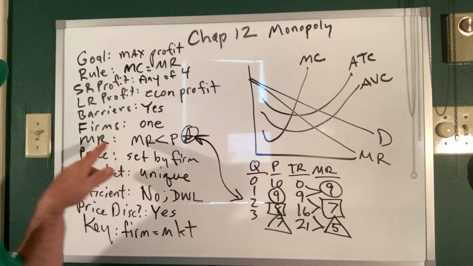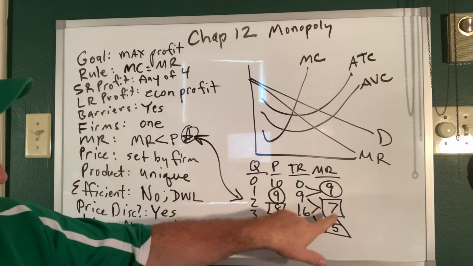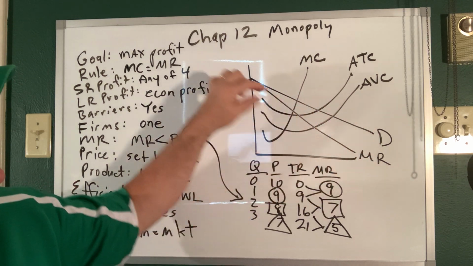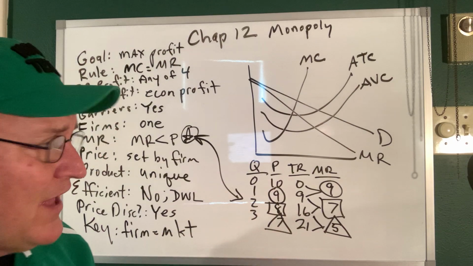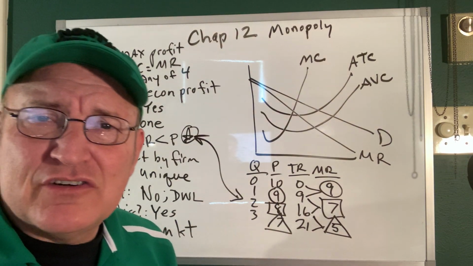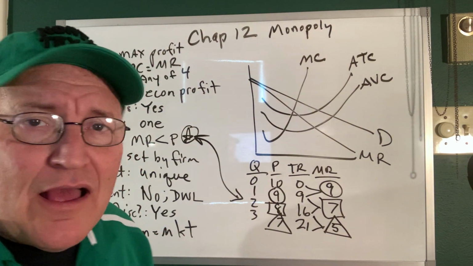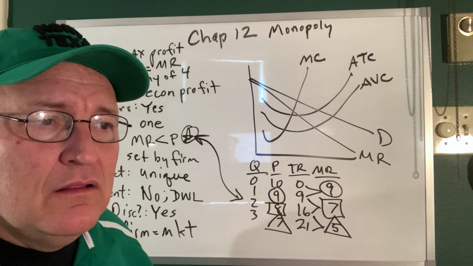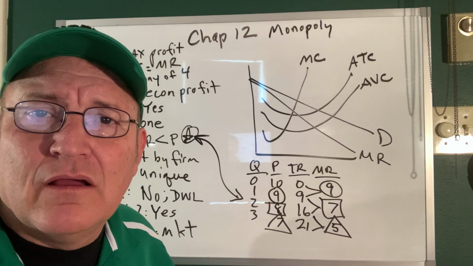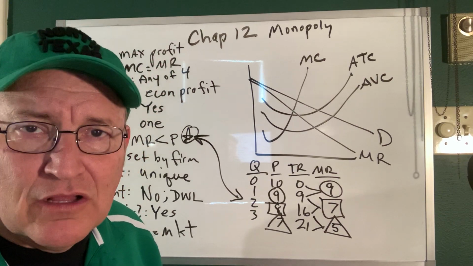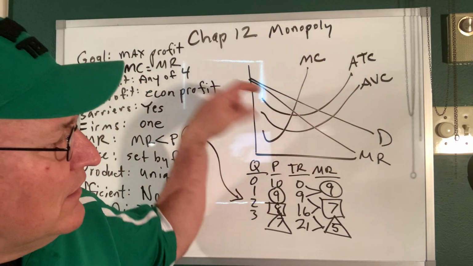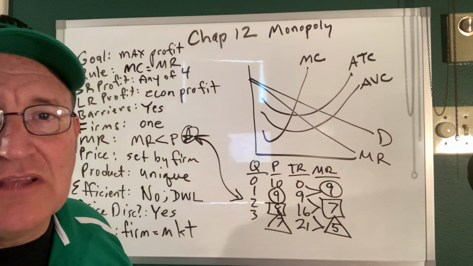So what I mean by marginal revenue less than price is basically this right here. The marginal revenue curve is going to be below the demand curve in all cases. Another way of understanding this is how does a monopoly sell more quantity of something? Really the only choice they have is to lower the price to sell a greater quantity. So anyway, that's what it looks like.